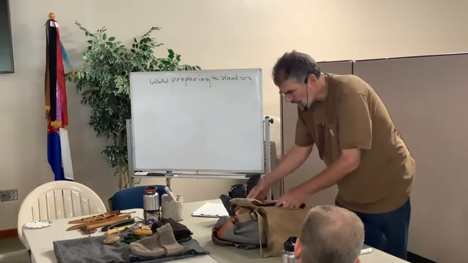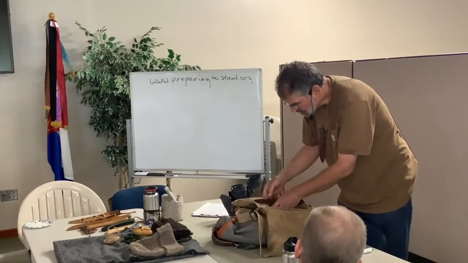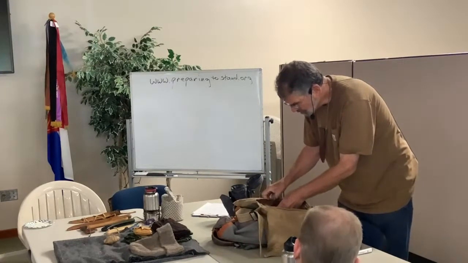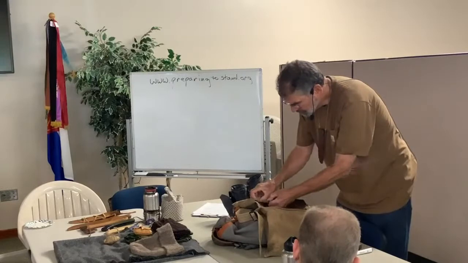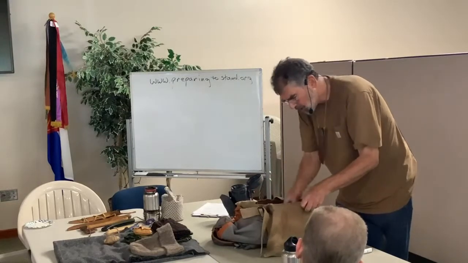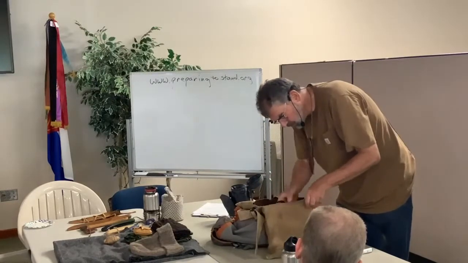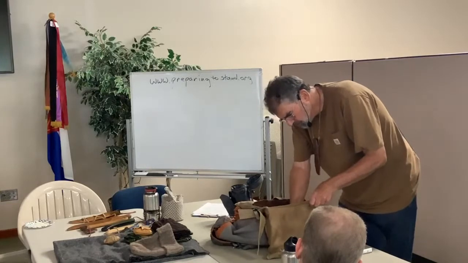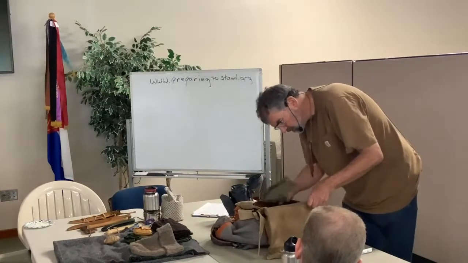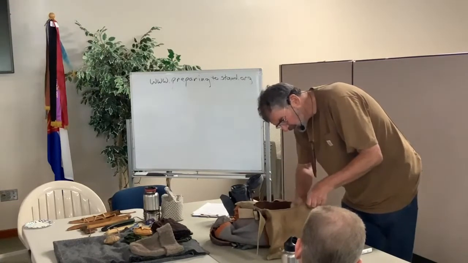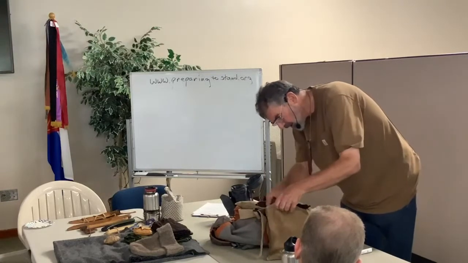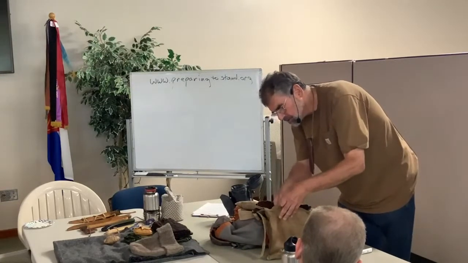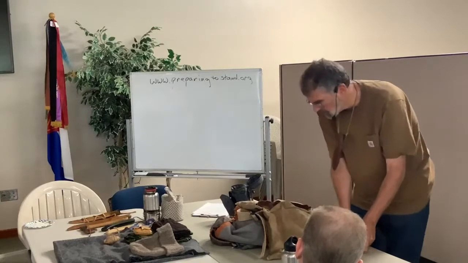I have another wool hat. I have another water bottle. Bag of food. I don't think I have a knife and a saw. Wooden spoon. There's some stuff in here I'm going to talk about a little later.